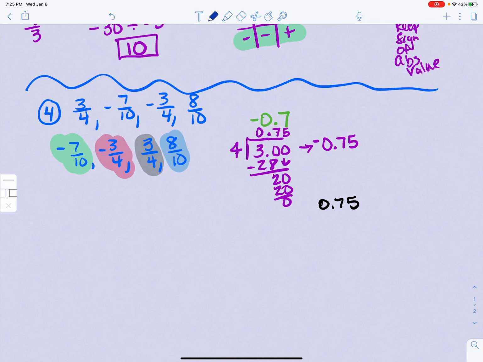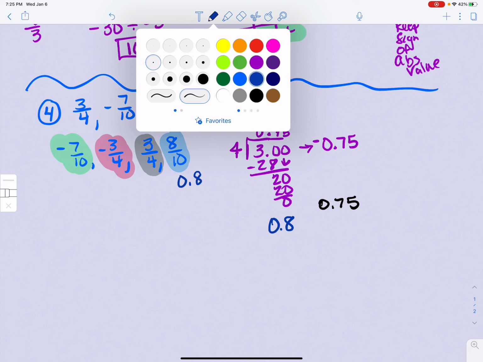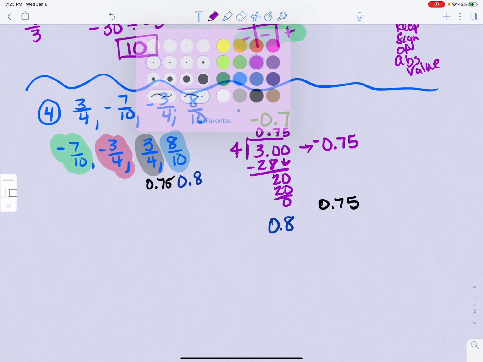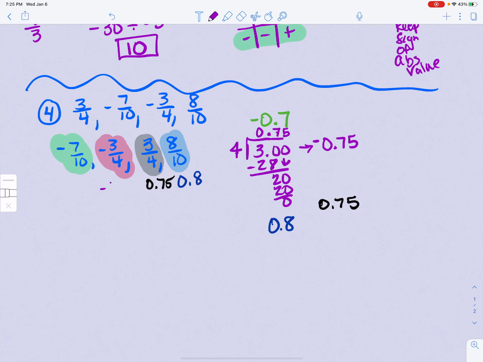That is 8/10. So when I say 8/10, I should recognize that that is 0.8, just like this. So I'm going to write these numbers underneath them, because this is where I tend to get a little confused. 0.8, 0.75. 3/4 is in purple, so negative 0.75.